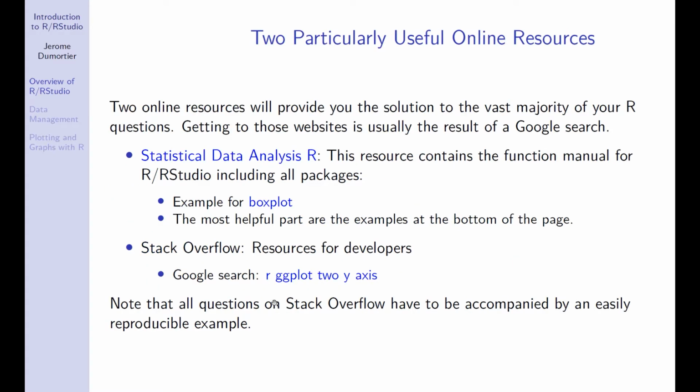Now, there are two additional online resources that are very helpful. However, this is not something that you can use as a tutorial, but those are web pages that are usually the result of a Google search. One is called Statistical Data Analysis, and it is actually associated with the Swiss Technical University ETHZ.